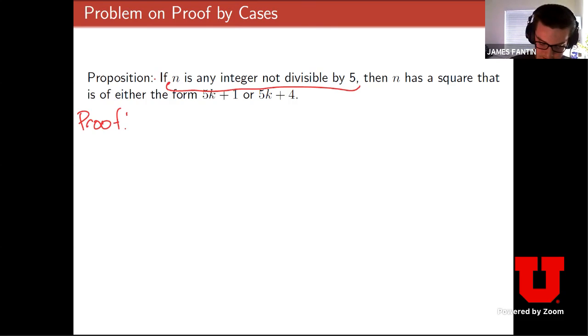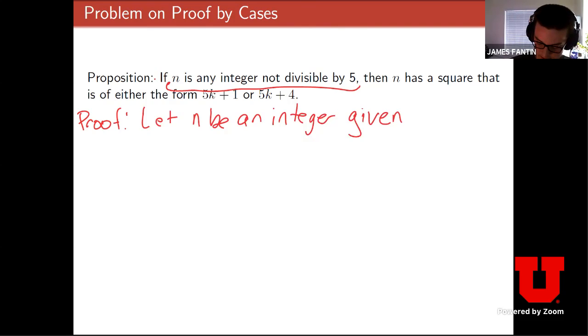So to start this proof, we could say, let n be an integer given that's not divisible by 5.